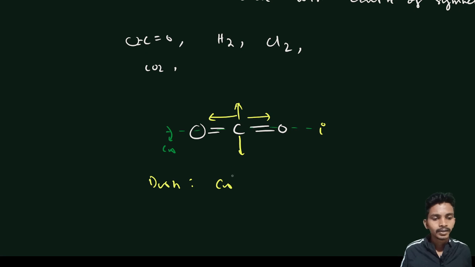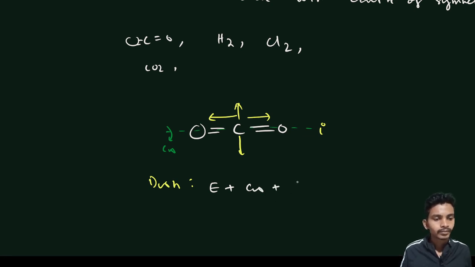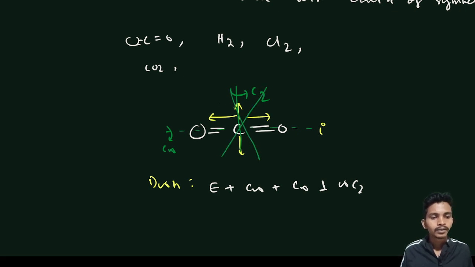First E plus C infinity, and here D means C infinity perpendicular to infinity C2, because the C2 axis is also present. So n number of C2 axes are there.